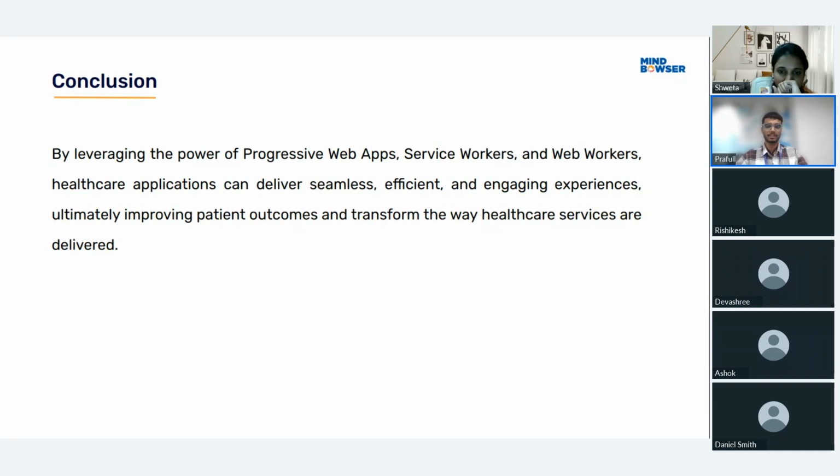Meanwhile, service worker transforms apps into progressive web apps, providing offline functionality, push notifications, and improved loading speeds through strategic caching. Together, they create a powerful synergy. Web worker handles CPU-intensive tasks, while service worker optimizes network-related functions, resulting in highly efficient, engaging, and reliable Angular applications that excel even under challenging conditions.